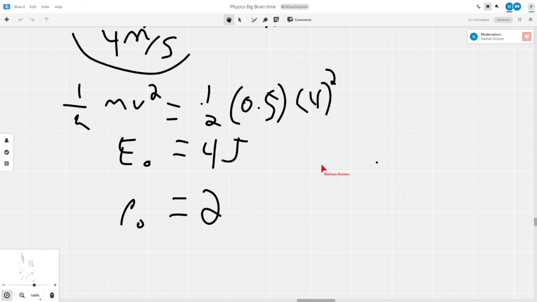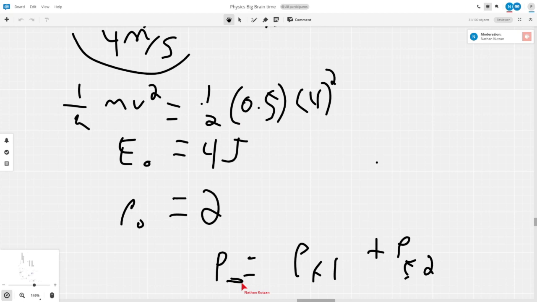Since the very beginning the second object had a momentum of 0, we can say that the final momentum of the first one plus the final momentum of the second one is equal to the initial momentum, which I'm just going to replace with 2. So whatever these two are moving at the end, their momentums have to add up to 2.